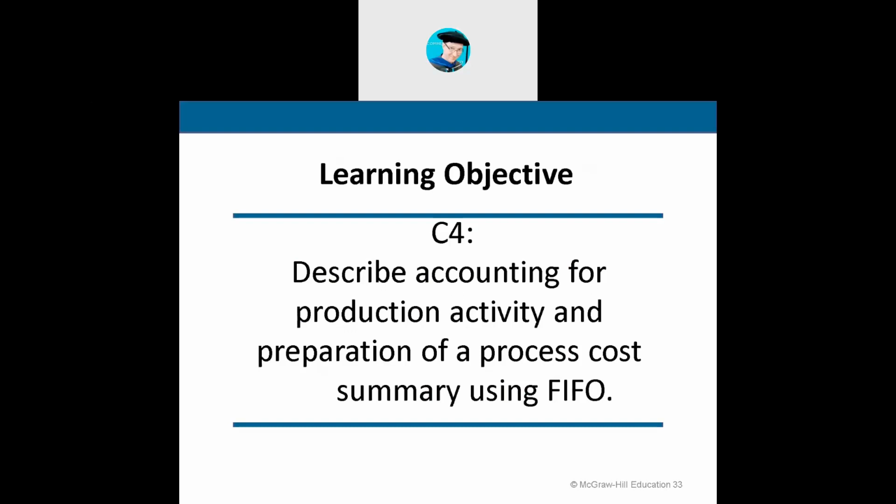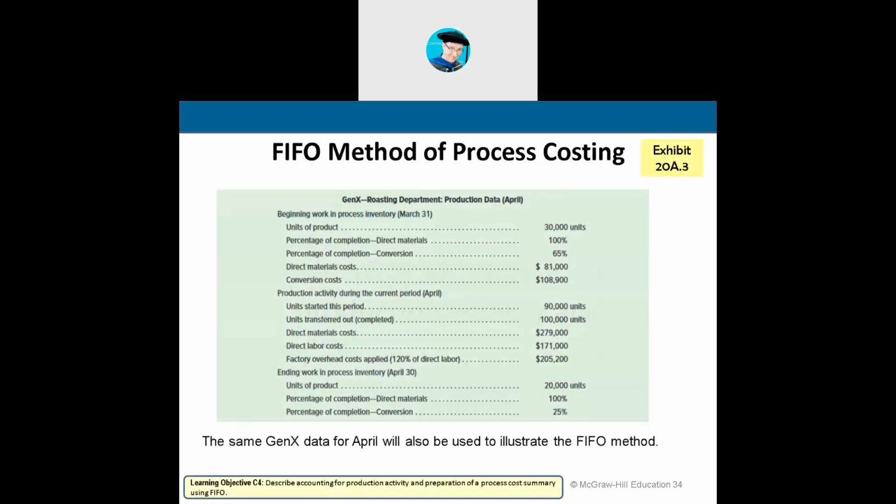The difference here is we're applying it to process costing. So as you know, with first in, first out, the first cost information is the cost that we use, right? So here we have some data.